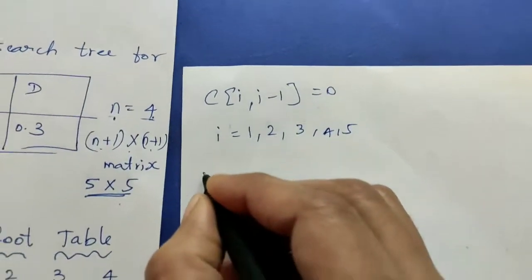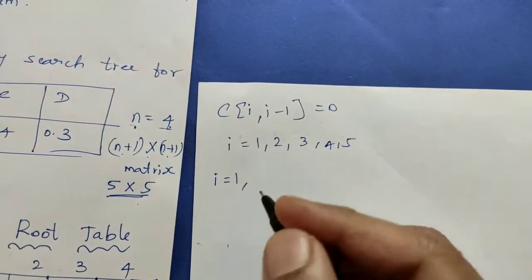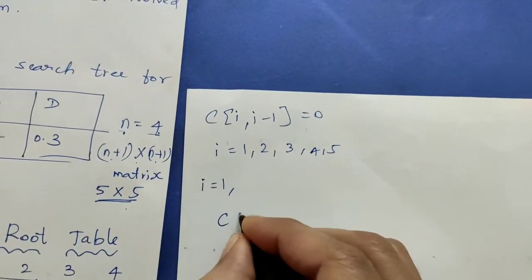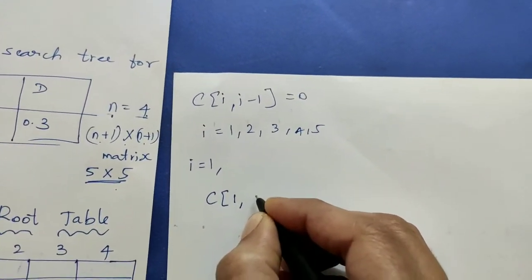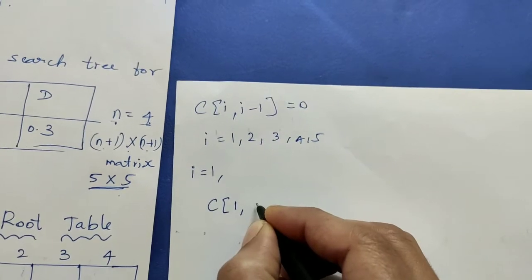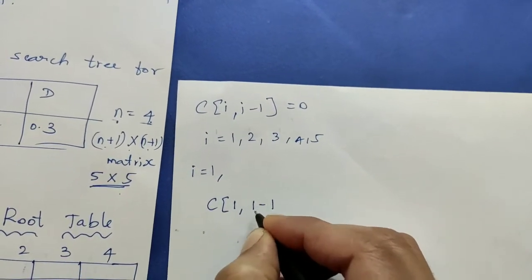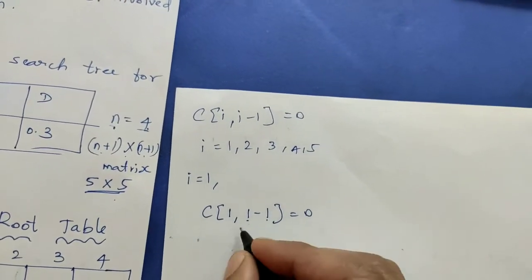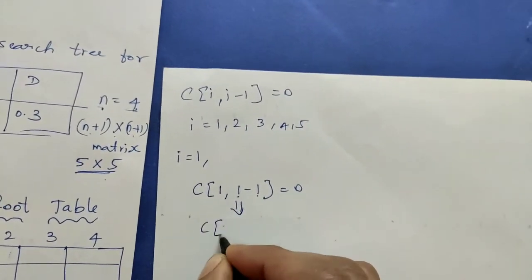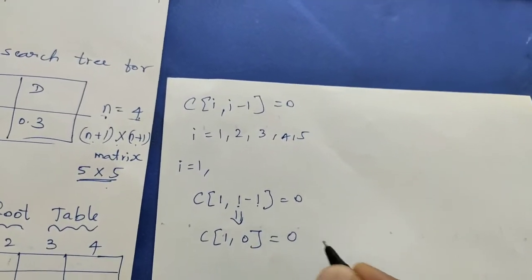Let us apply I value is equal to 1 in this formula. That is, C of 1, I minus 1 means 1 minus 1, which will be set as 0. What is this actually? C of 1 comma 1 minus 1 will be equal to 0.